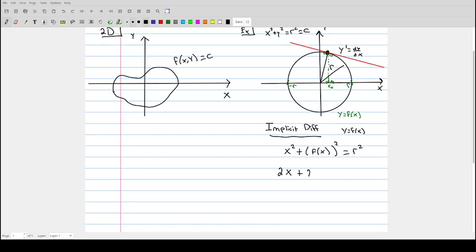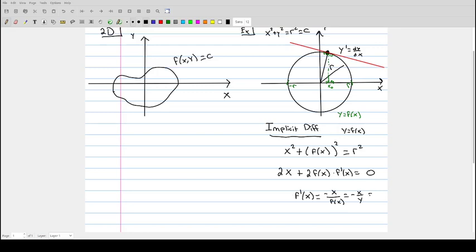So it becomes 2 times f of x times f prime of x is equal to 0, because the x derivative of the constant r squared is 0. And then we can solve for f prime, which is in fact equal to negative x over f of x, or negative x over y on the circle.